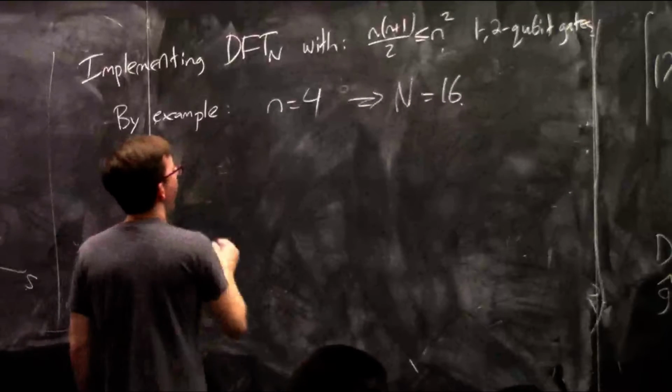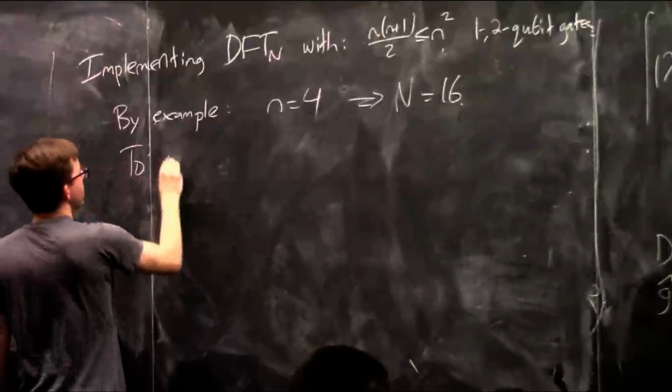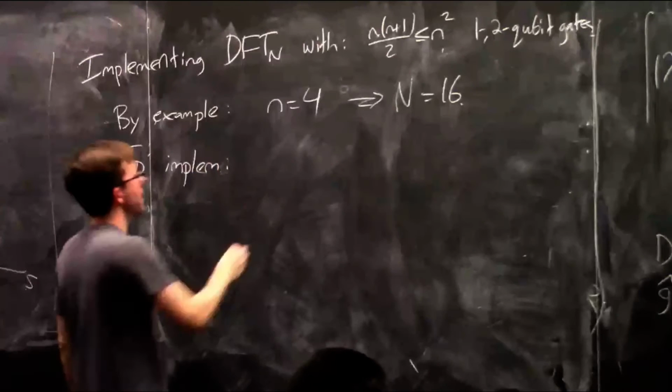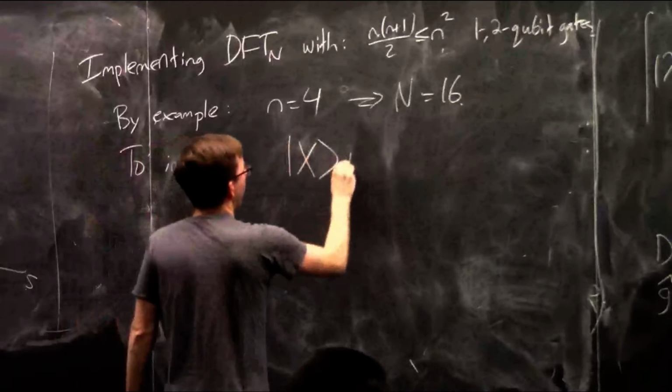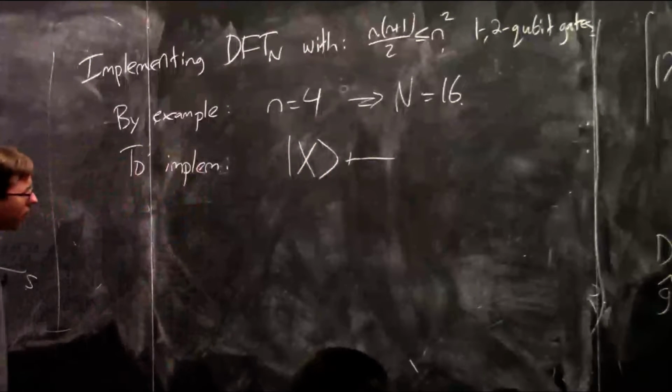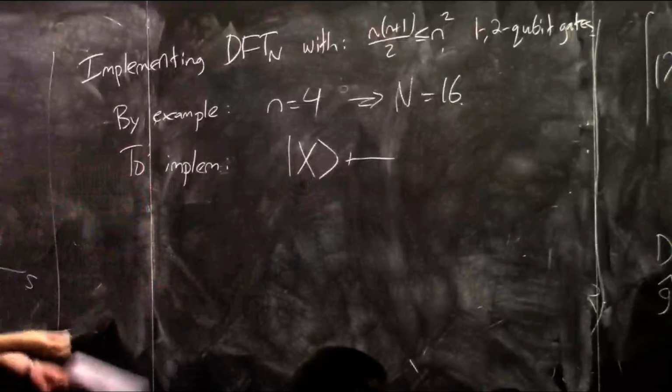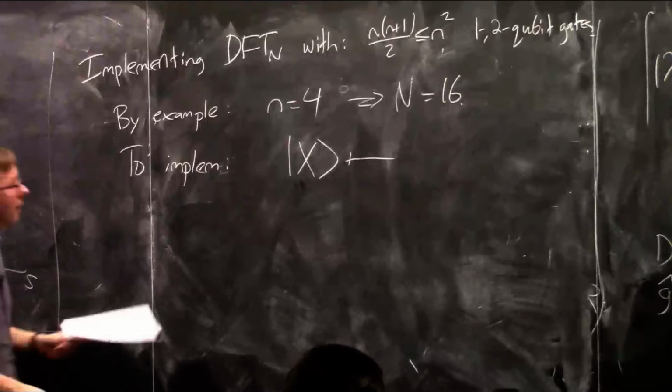OK, so what are we trying to implement? We're trying to implement the transformation that takes ket x, and this is a number between 0 and 15, but encoded by 4 bits. So it's like a 4 qubit state.